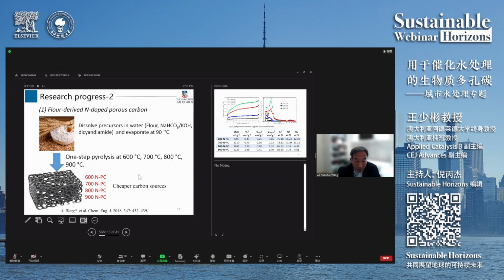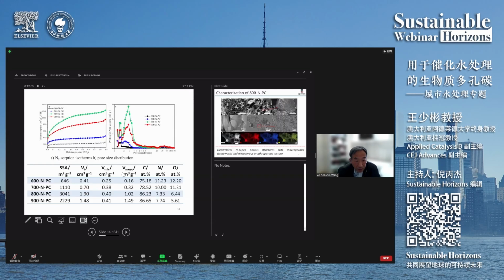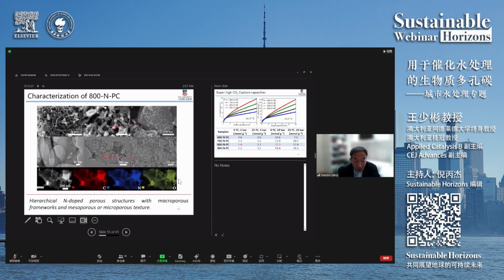When we look at the fluoride derived carbon material, we can see that we can take the same strategy to get the porous carbon. From the structure, we can see that these are materials with very good structure, and the nitrogen functionalization distribution is also very good.